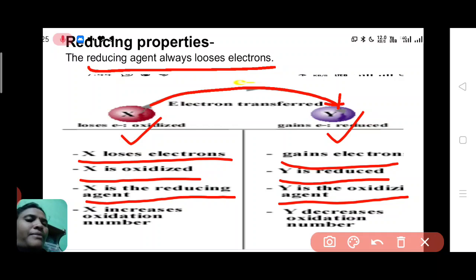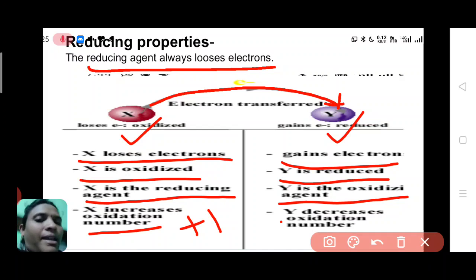After oxidizing, X shows an increase in oxidation number, that is, X is losing electron. If it loses one electron, it will get plus one charge. And Y is decreasing in oxidation number. Y is accepting the electron, so Y will acquire minus one charge.